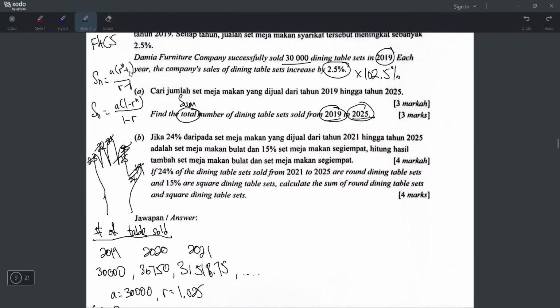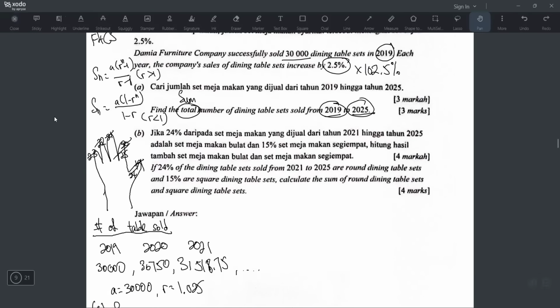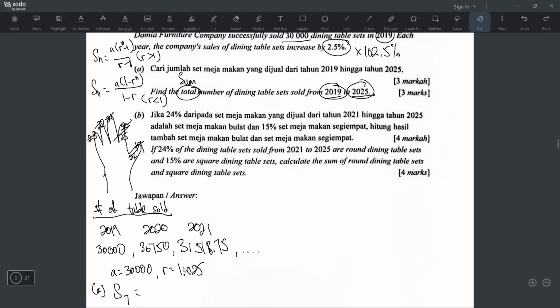We use this when our r is bigger than 1, and we use this when our r is smaller than 1. My question now, my r is 1.025, so bigger than 1. So bigger than 1, we have to minus 1 or 1 minus? Mestilah minus 1, because you bigger than 1, you besar. If you smaller than 1, then only you 1 minus. Okay, so I'll use this formula.